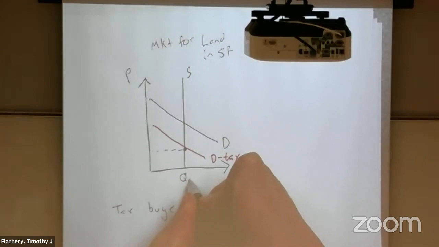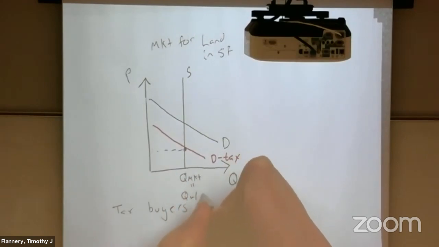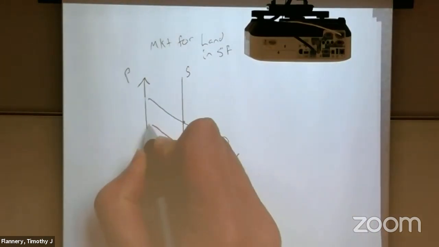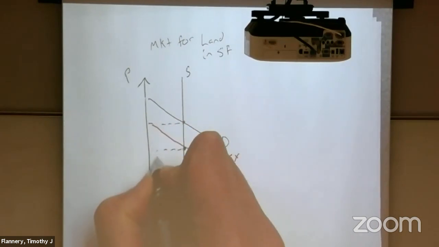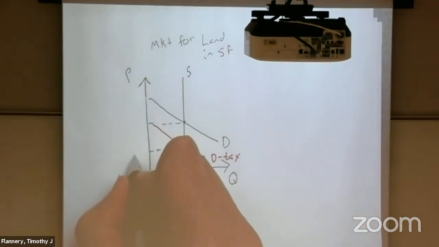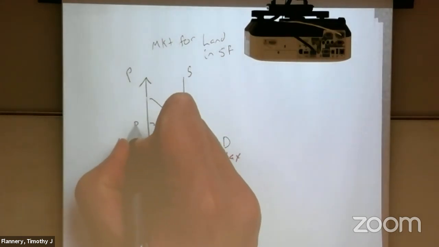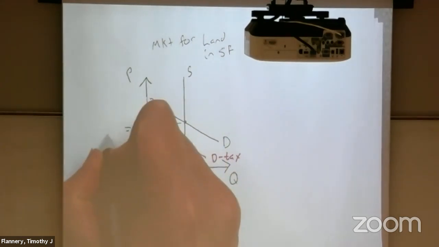So first off, does everyone see that the quantity actually doesn't change? It's the same. This is the price the seller receives. This is the price the buyer pays, but this is also the original market price.